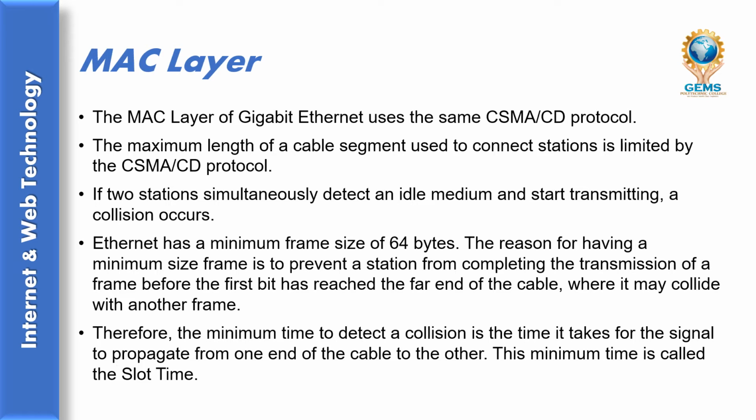The reason for having a minimum size frame is to prevent a station from completing the transmission of a frame before the first bit has reached the far end of the cable, where it may collide with another frame. Therefore, the minimum time to detect a collision is the time it takes for the signal to propagate from one end to the other. This minimum time is called the slot time.